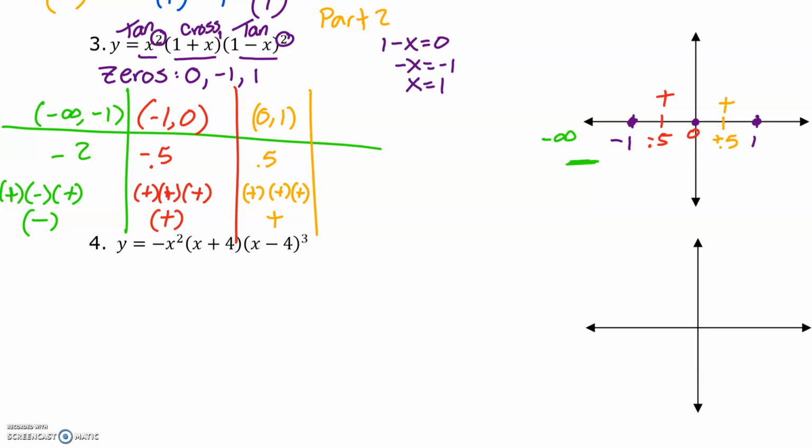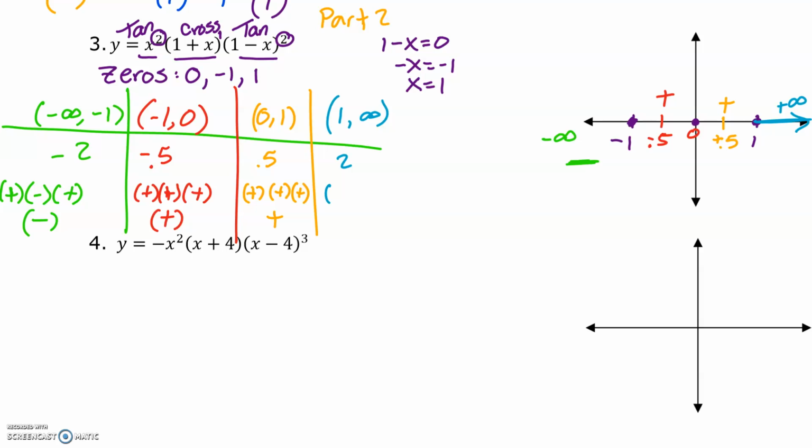Let's go ahead and take a look at the last interval for this one. Let's go for blue. So it's going to continue on all the way to positive infinity. So from 1 to positive infinity. And we can test any value between 1 and positive infinity. Let's go ahead and test 2.